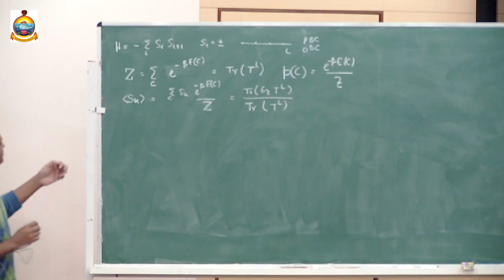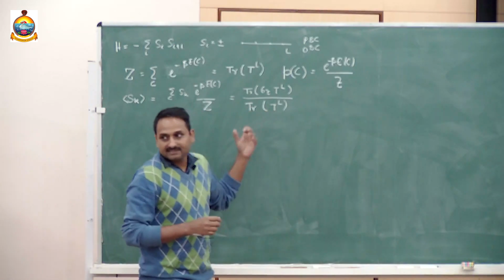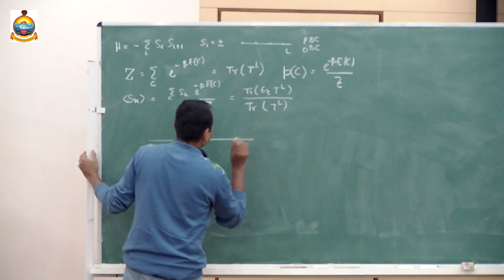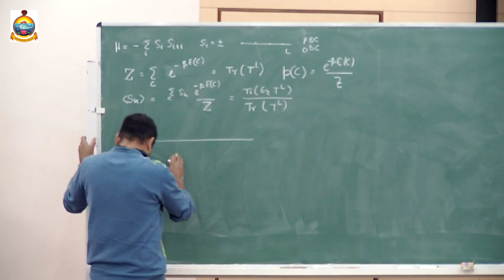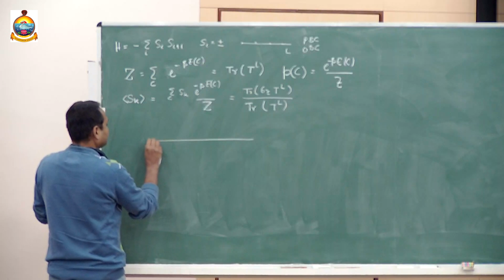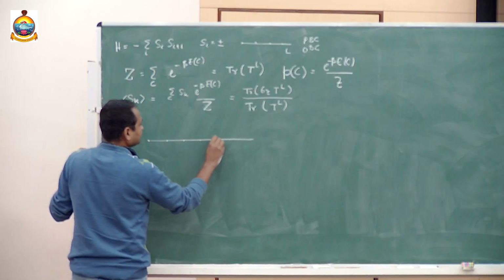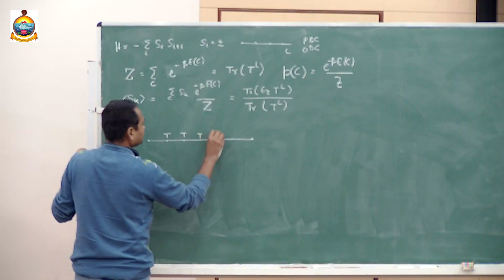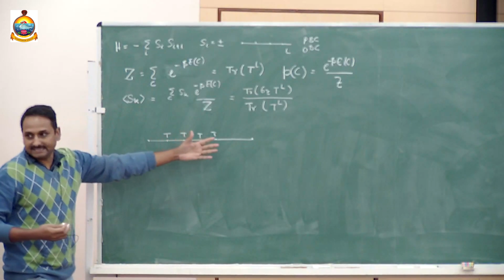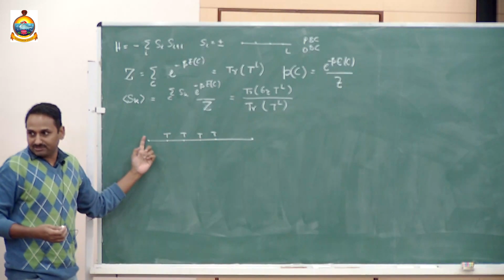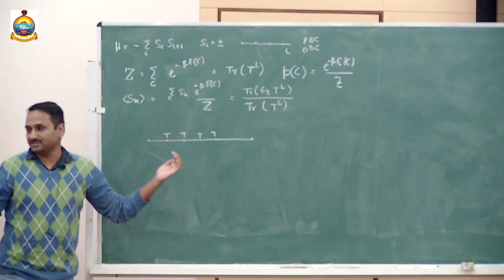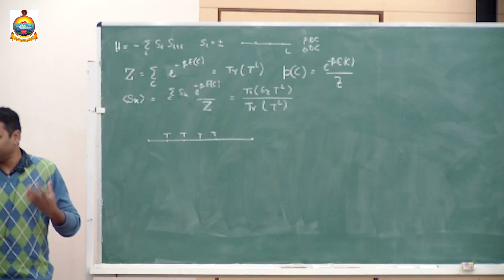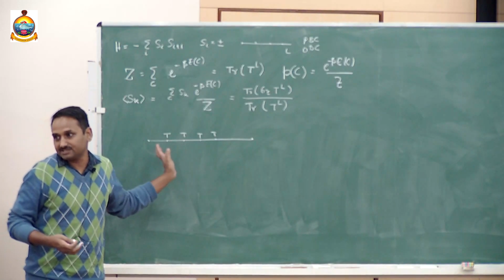Then we also interpreted this T like so: you have a lattice, and at each point there is a T. The partition function is just putting T everywhere. If it is an open boundary condition, you put the boundary condition at both ends, like S1 and SL; if it is a periodic one, you just take the trace of T to the power L, the trace of all that.